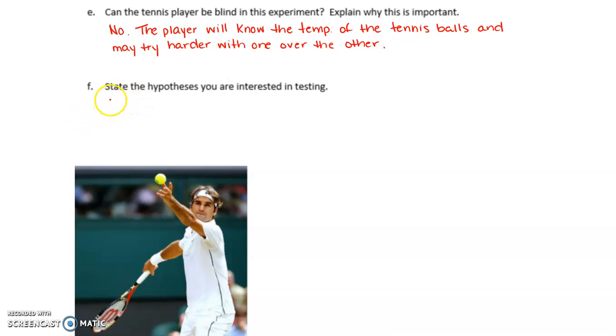So our hypotheses, our H0, would be the player has the same ability to serve fast with warm and cold tennis balls.